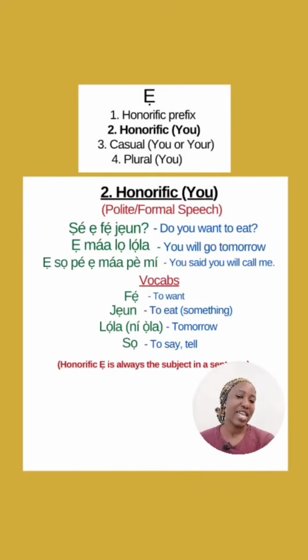But if it is someone that you know, you guys have a rapport between yourselves, ṣó jẹun, kí ló fẹ́ ṣe, you can say that. But to acquaintances, to someone in a position of authority, please stick with ṣé ẹ fẹ́ jẹun. Do you want to eat? That is the correct way I should have approached my boss in that video. Then I wouldn't have had a slap on my face.